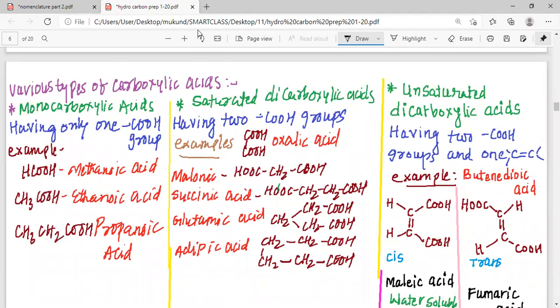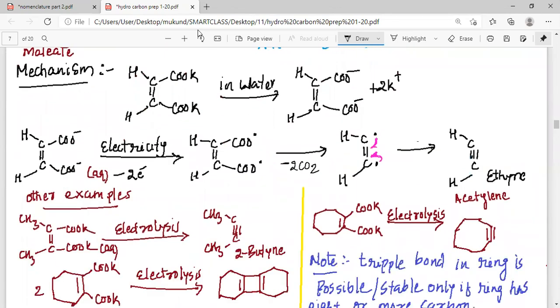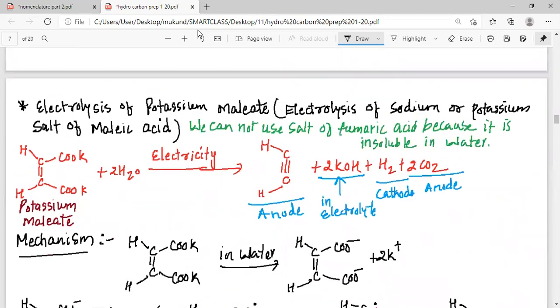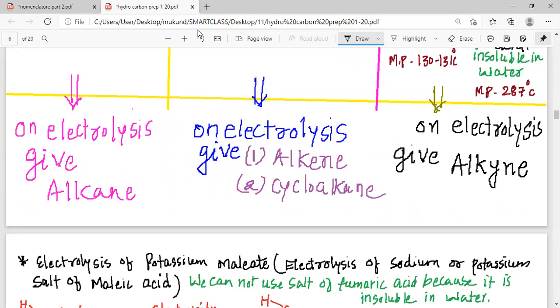For example, if we have monocarboxylic acids, having only one COOH group, like methanoic acid, ethanoic acid, or propanoic acid, we can use these and by the process of electrolysis, we can prepare the various alkanes.